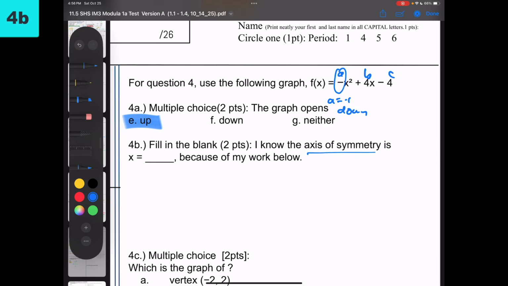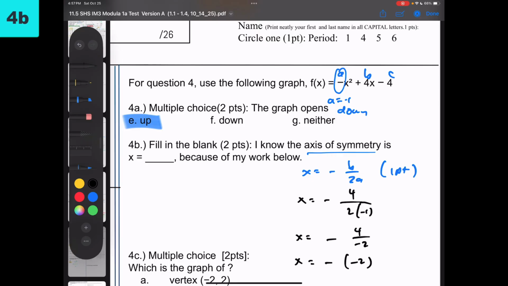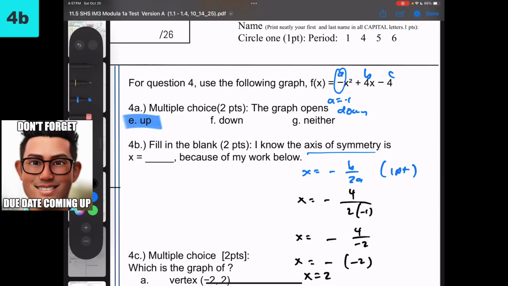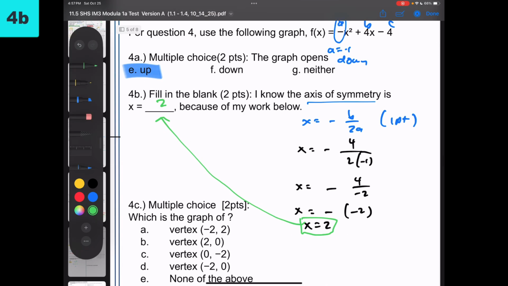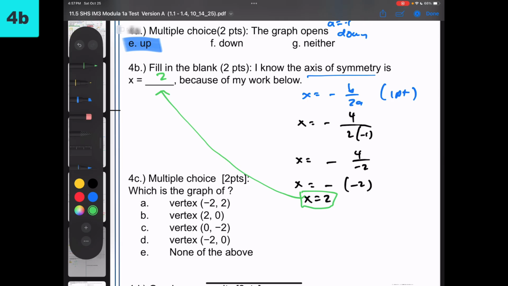So the axis of symmetry. 1 point for just writing down the formula. Your B value is 4. Your A value is -1. -2, so you moved on x equals 2. So your answer is 2 for full credit with the work there.